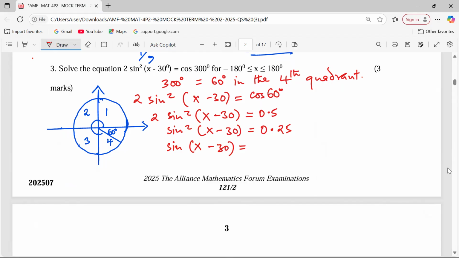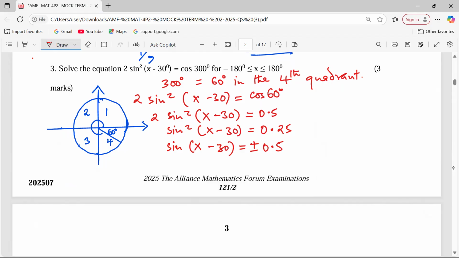Sine squared of x minus 30 equals 0.25. When we take the square root, we get 0.5 plus or minus, because the square root will give us both values.